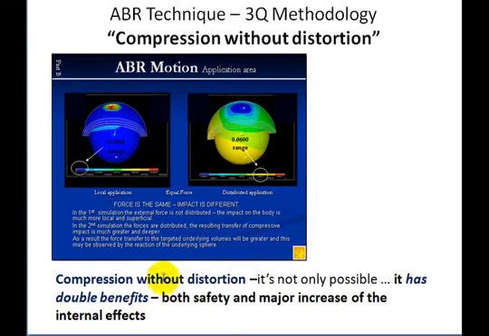And this is the key point, that compression without distortion is not only possible, it has a double benefit. On the one hand, it is perfectly safe because you don't create any local damage potential areas. On the other hand, you get a dramatic 600 times increase of the conversion ratio of what you deliver from the outside into the inside.